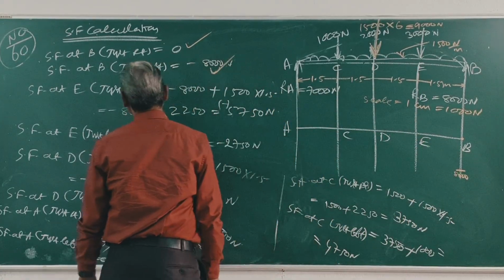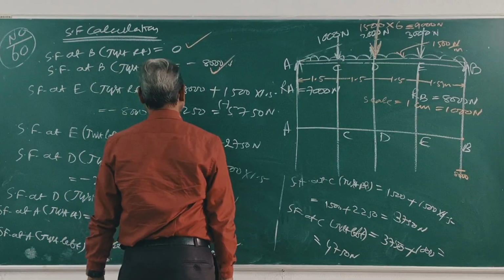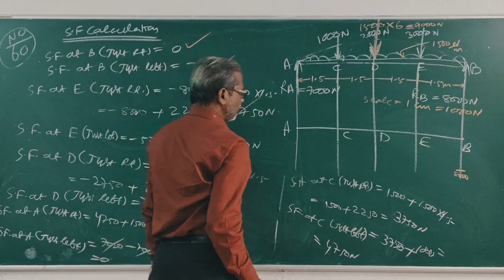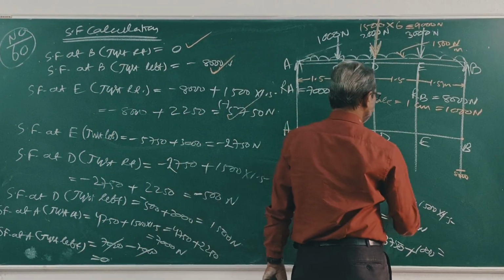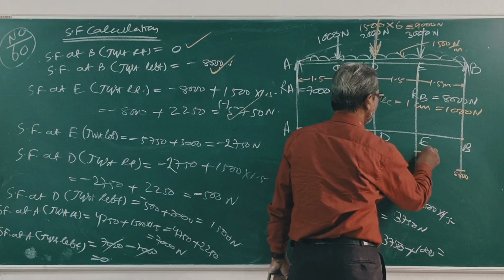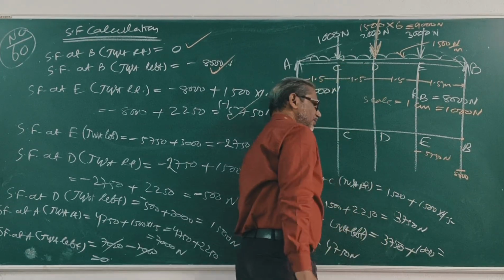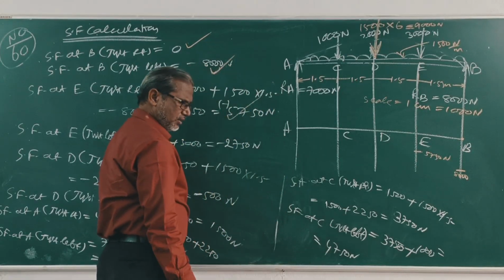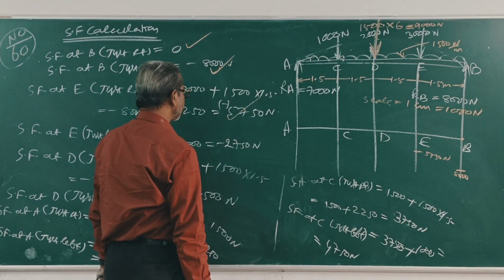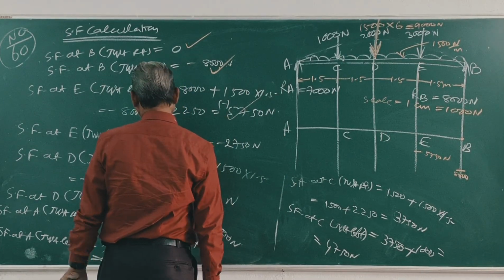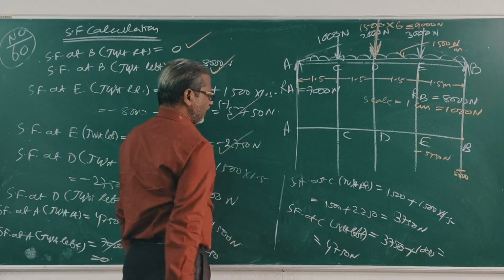Clear? E just right, 5750 minus. Clear? E just left minus 2750.